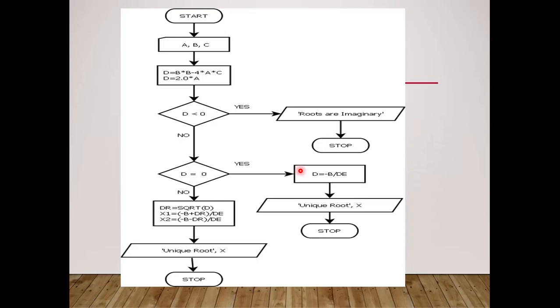there is an evaluation of x, which will be equal to minus b by de. So this is x equals to minus b by de, and this is the unique root. This is x basically.